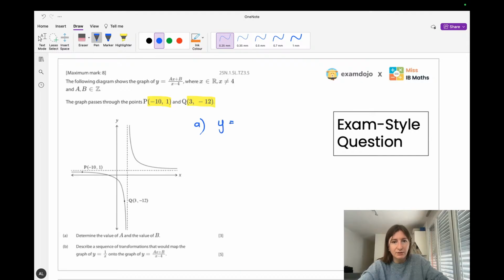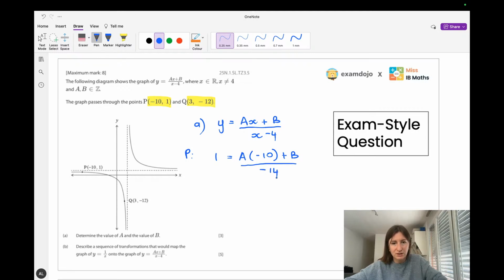So y equals (ax plus b) over x minus 4. So let's insert point p's coordinates. So y is 1 and x is minus 10. So 1 equals (a times minus 10 plus b) over minus 10 minus 4.